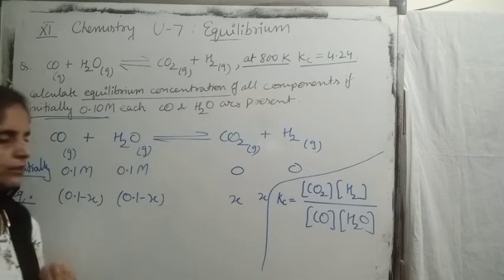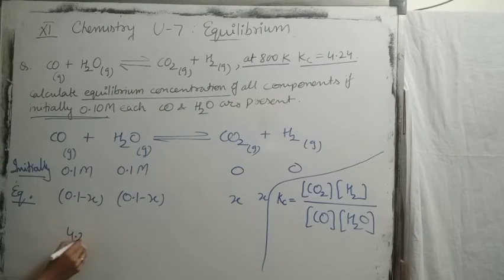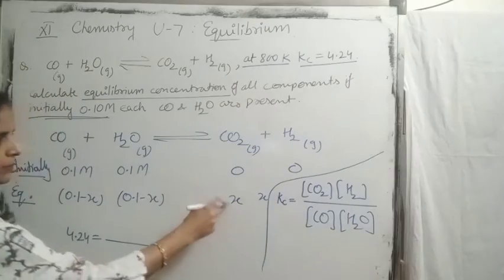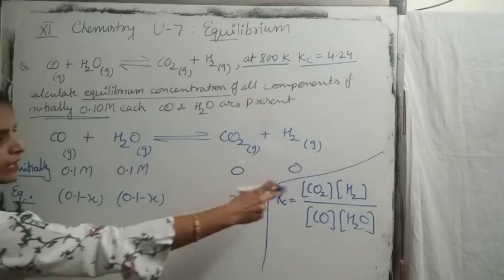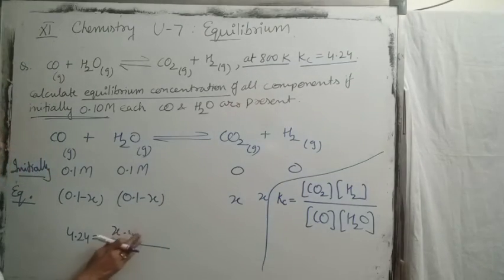Substitute these values here. So Kc, it's already given, 4.24 equals the concentration of CO2 at equilibrium, X, multiplied by hydrogen, that is also X, because 1 mole of each is given. Otherwise we multiply with the number of moles.